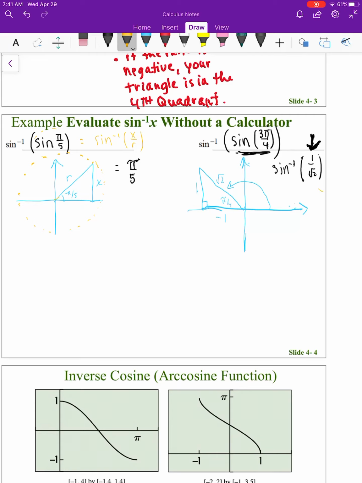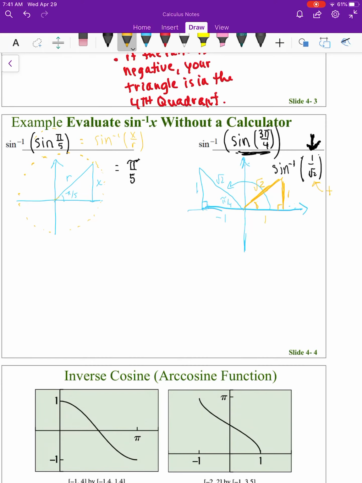So now I need to go according to inverse sine. If this is positive, I go to the first quadrant. So that means I draw my triangle right here in the first quadrant, and I'm looking for the angle such that the opposite over the hypotenuse is 1 over the square root of 2.